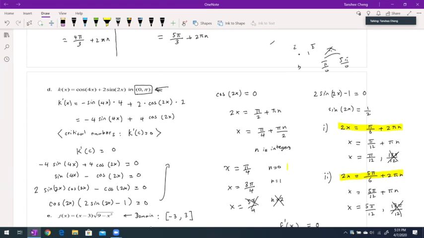Any questions before I finish up this problem, concluding? So finally, after looking at all of this, my critical numbers will be pi over 4, 3 pi over 4, pi over 12, and then 5 pi over 12.